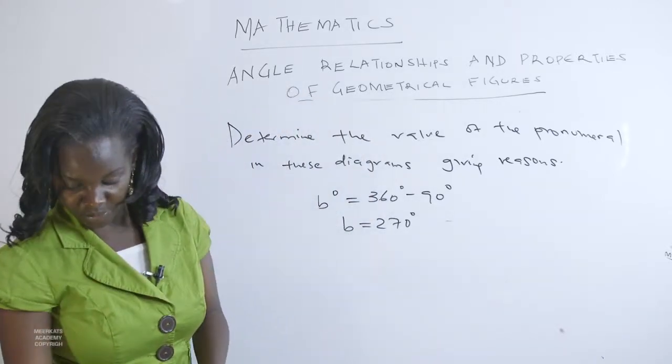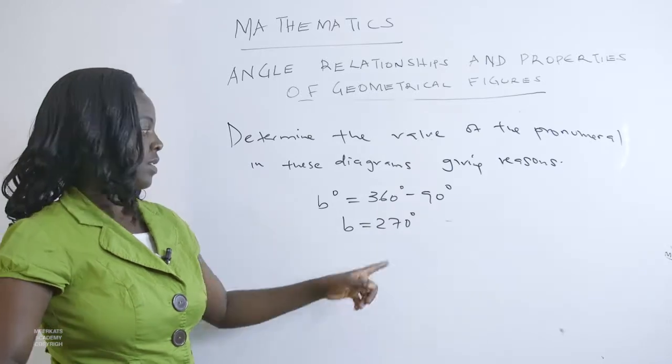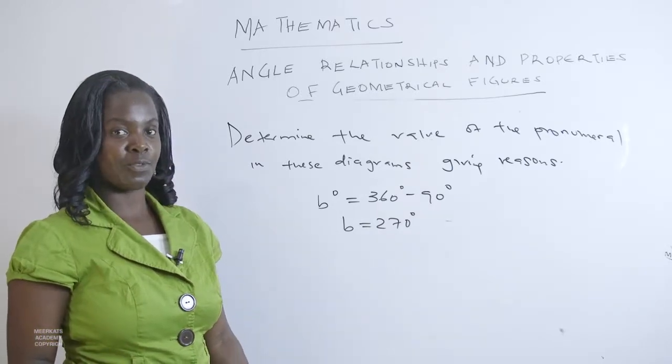If you subtract correctly, what do we have? 270 degrees for B.